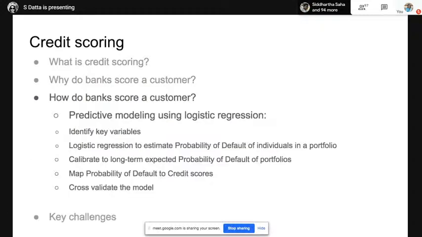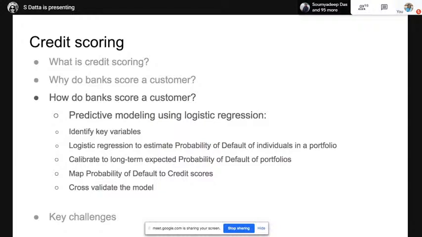The next one is, how do banks score customers? Most of the time it's logistic regression that I have worked with when I was in the bank, and I've spoken to friends who are still working in these sectors, and it's the most popular because what you're essentially trying to estimate is the probability of default, which is from 0 to 1.